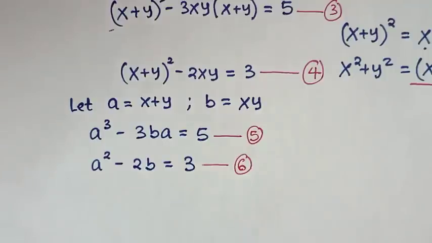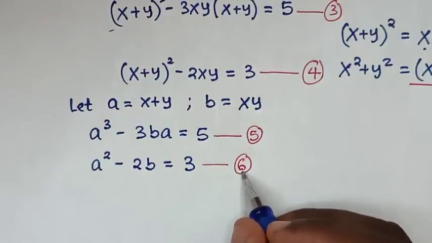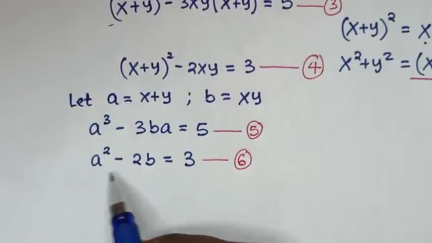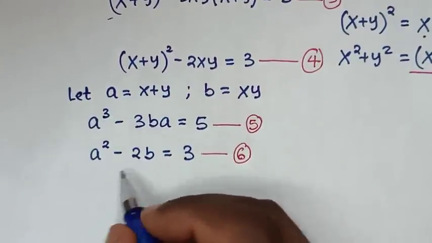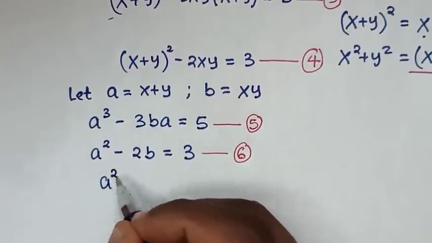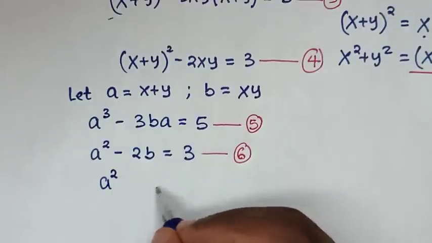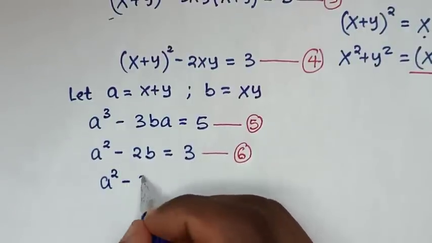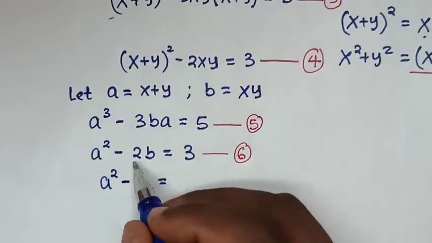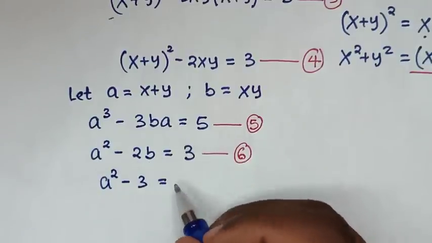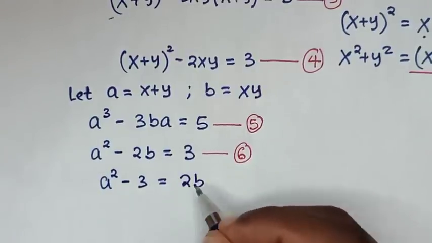So from equation 6, because this is easy, it will be a^2, then this 3 we take to the left side, so it will be minus 3 is equal to negative 2b, we take to the right side, so it will be 2b.